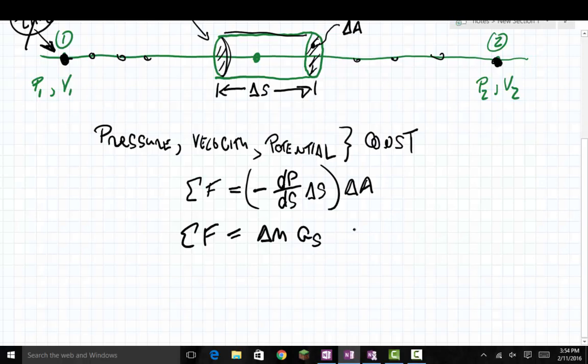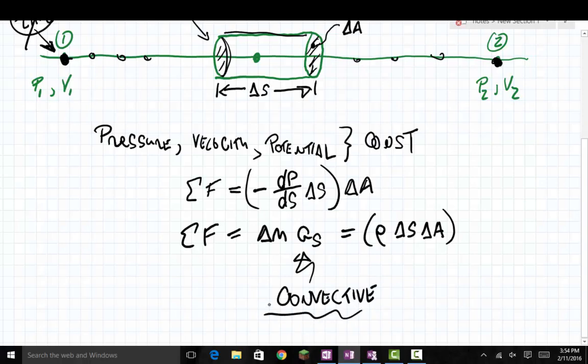And we wrote these assuming constant density. The total volume is going to be delta S times delta area. So there's my delta M term, and the acceleration term is convective. It's convective acceleration, so it's not a time-dependent term, and we wrote this as Vs times dVs ds.